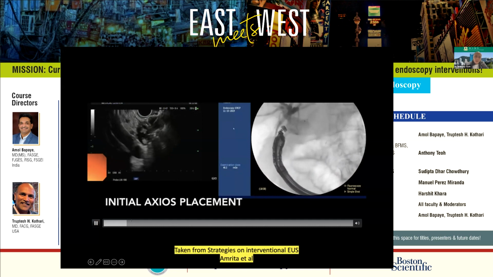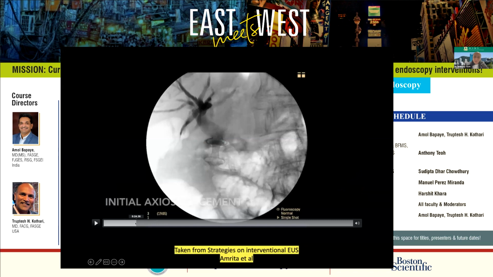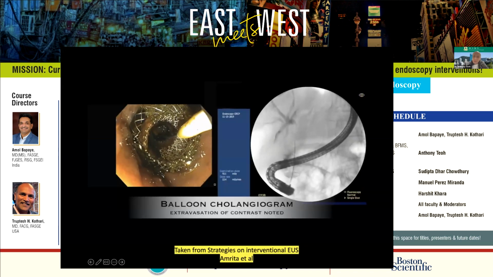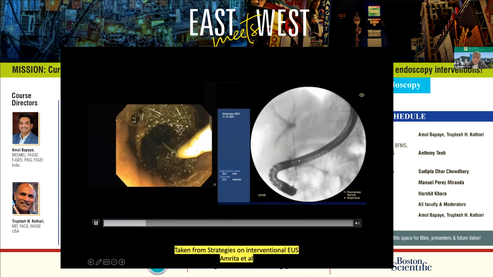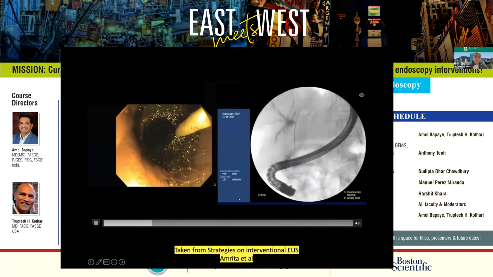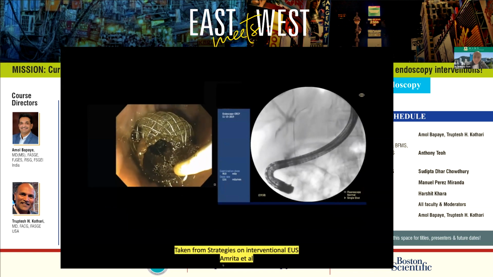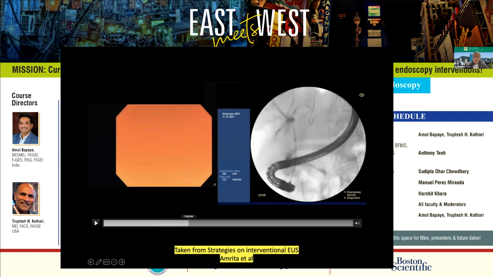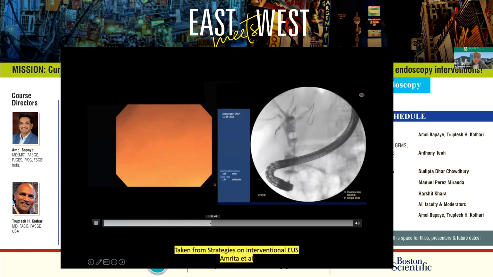So in this situation, always try to insert the guide wire. But in this case, I think she failed. And after complete deployment of the axials, actually, she was very lucky to be able to cannulate through the stent and re-enter into the bile duct. So once inside the bile duct, then what you need to do is just do a stent on stent using the guide wire.